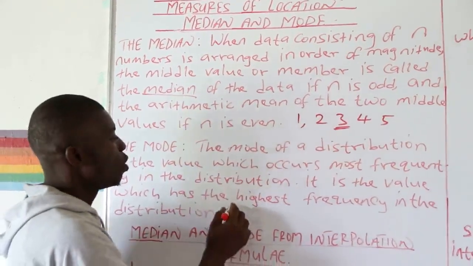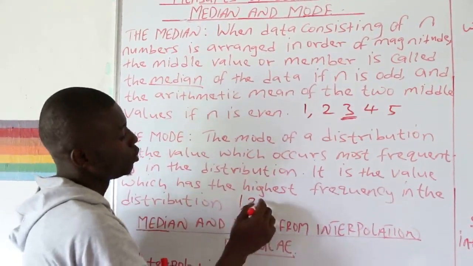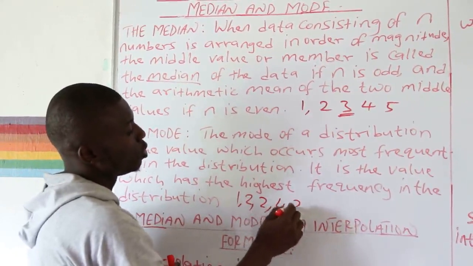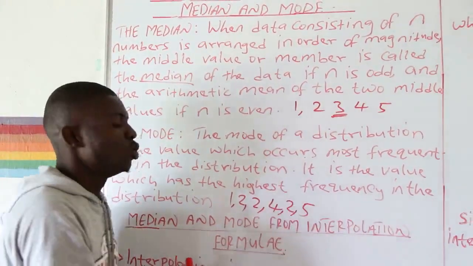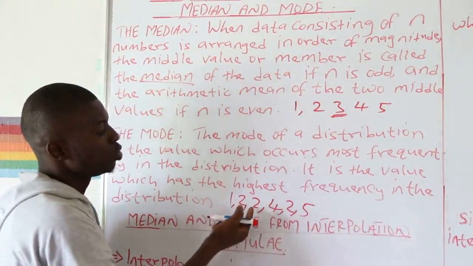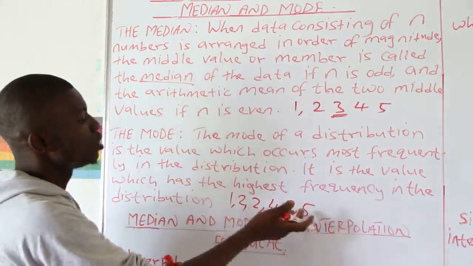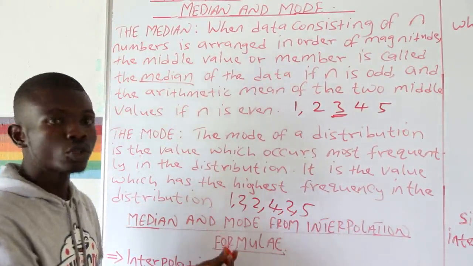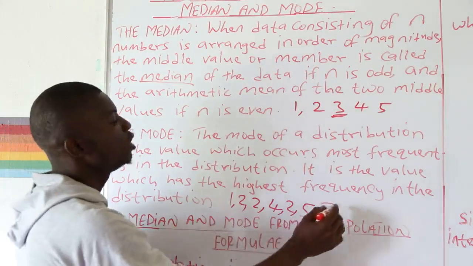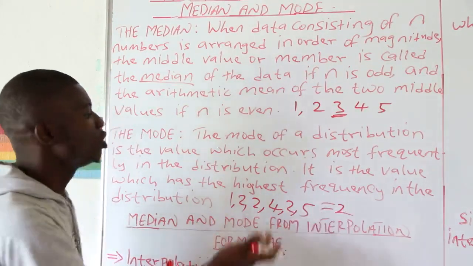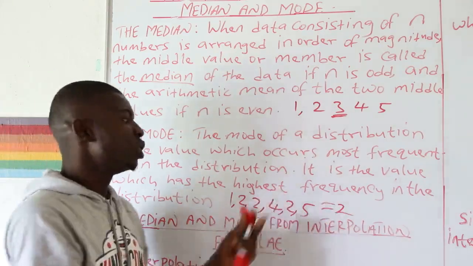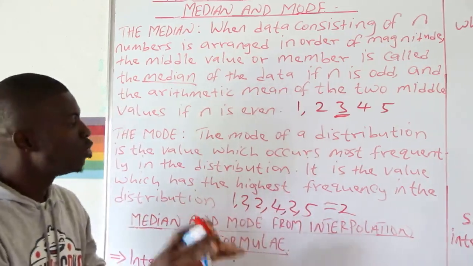Now, if you are given 1, 2, 2, 4, 2, and 5, you can see that 2 is the one that occurs most. So our mode here is 2, because 2 is the one that occurs most.